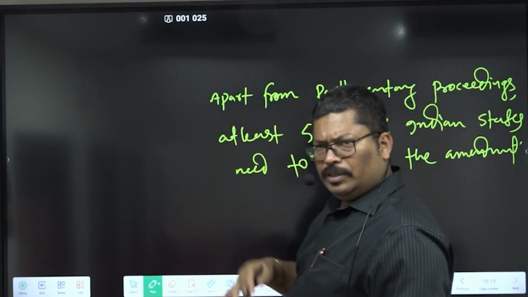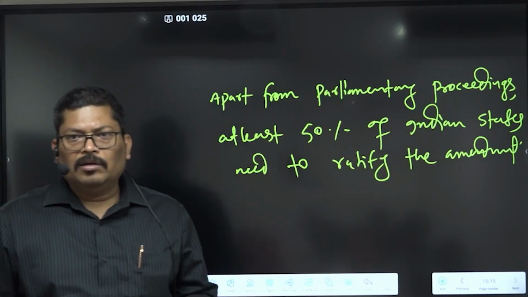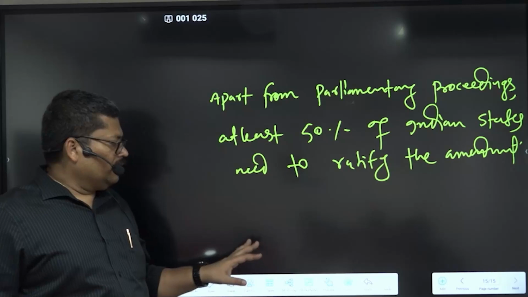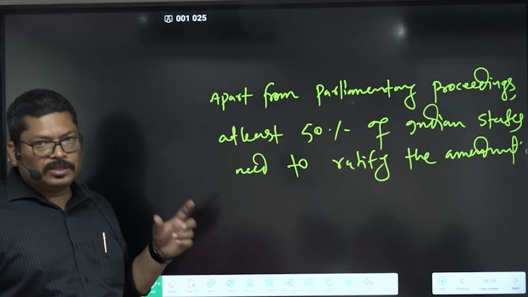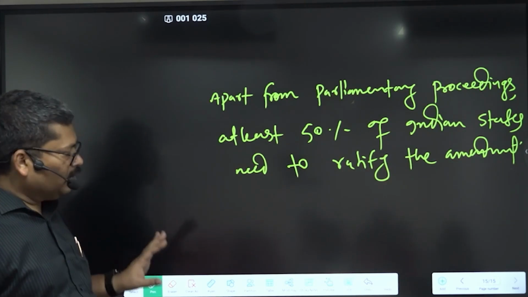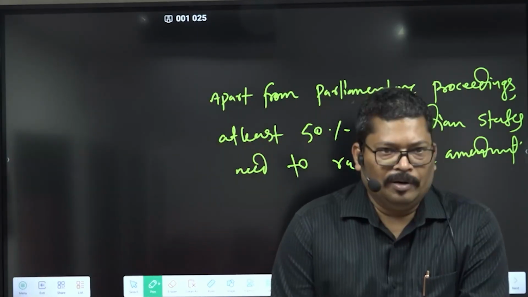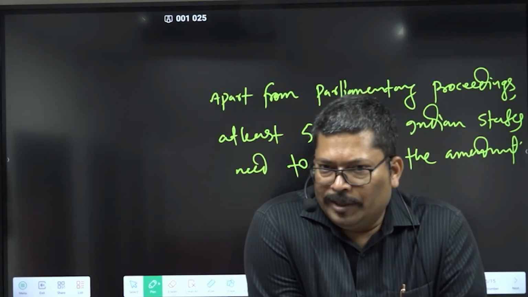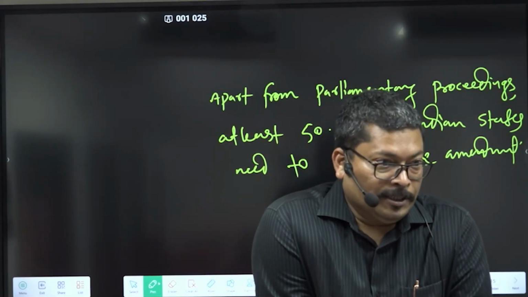I will be discussing the entire proceeding, how the proceeding to amend the constitution is followed. For that, we will be following the pattern given under Article 368(1) and 368(2). Under Article 368(2), it is given that if a constitutional amendment bill has been duly passed from both the houses of the parliament, that bill shall be referred to the state legislatures.